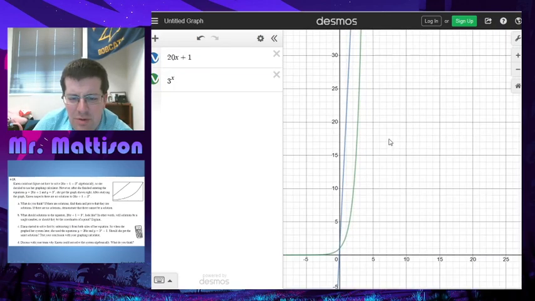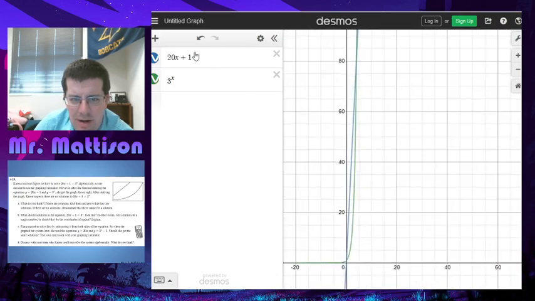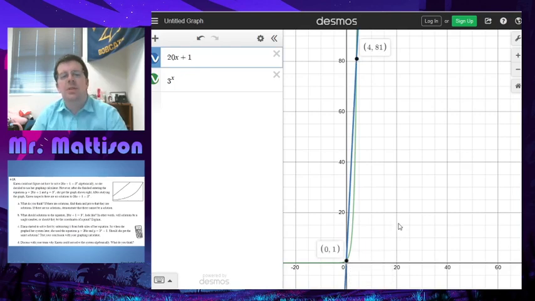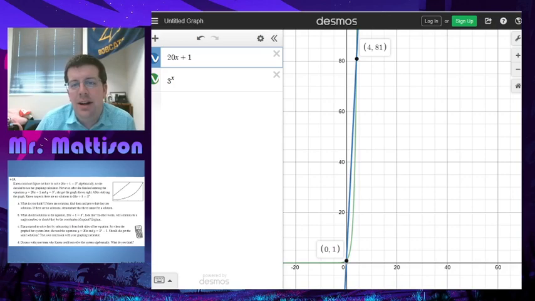It's pretty skewed, but to get my other point, it's way up there. Right, so I see one there, and way down here where we cross at 0, 1. So I'm going to have answers of 0 and 4 as my x solutions. Again, my answer is the x value. It's not the point itself. The point is your answer only on a system here. All right, so not too bad.